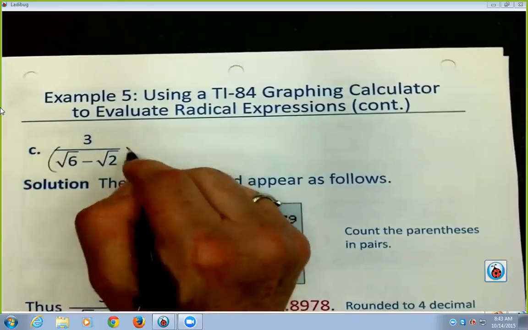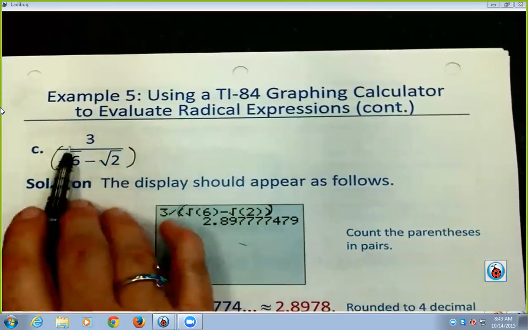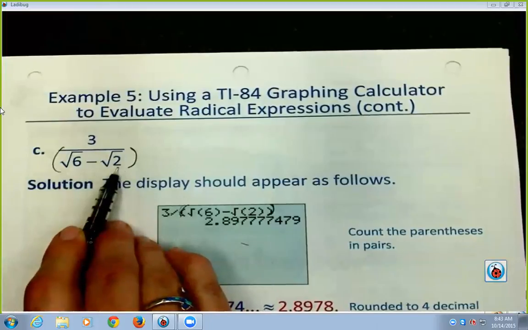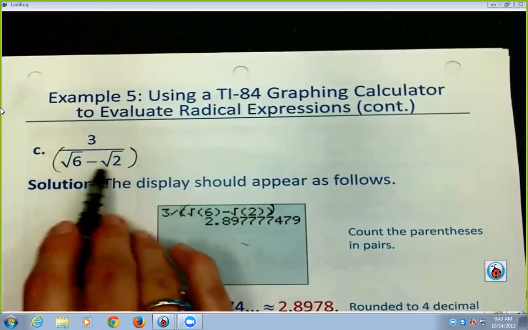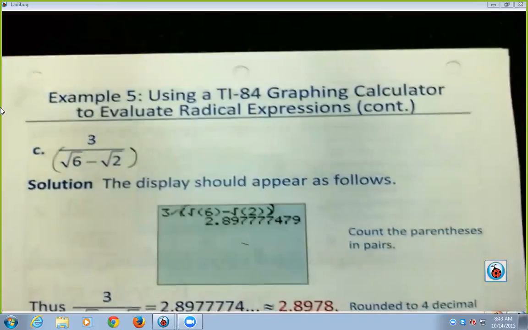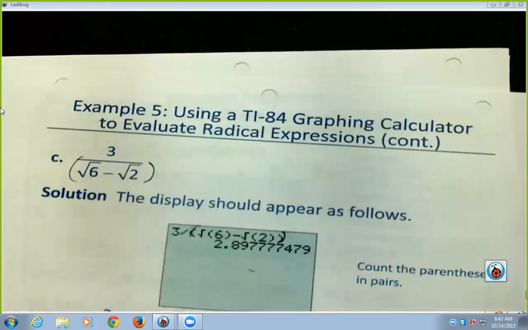Very important that on your calculator you put parentheses, because if you don't, your calculator will say 3 divided by the square root of 6, get that answer, then subtract the square root of 2. So you need parentheses here because it's grouping and you need the answer to that denominator before you divide it into the top value. So be careful with those types.